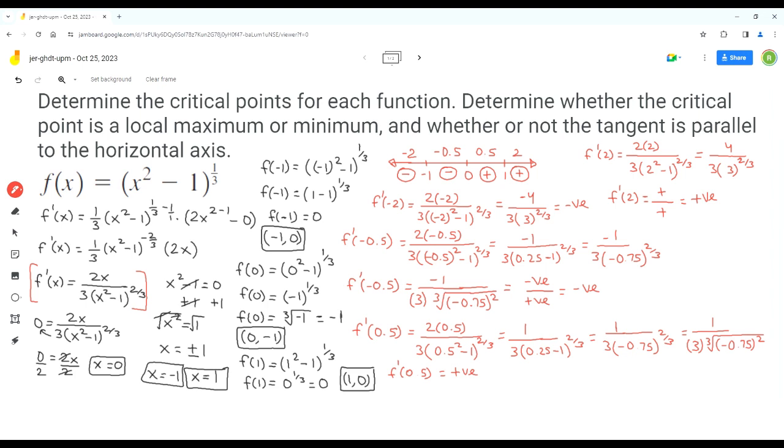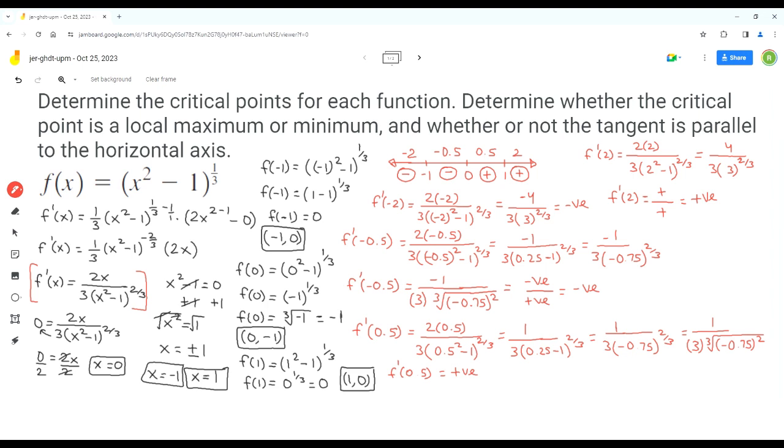So that means the critical point 0, -1 is a local minimum, because at x equals 0, the prime of f changes its sign from negative to positive as we go from left to right. So that's our first conclusion.